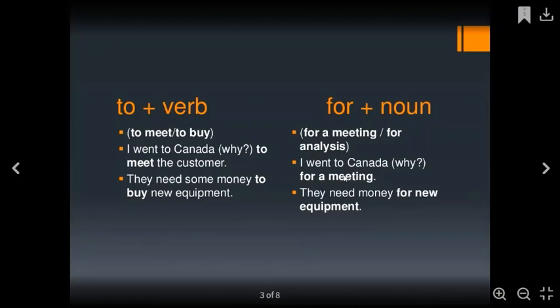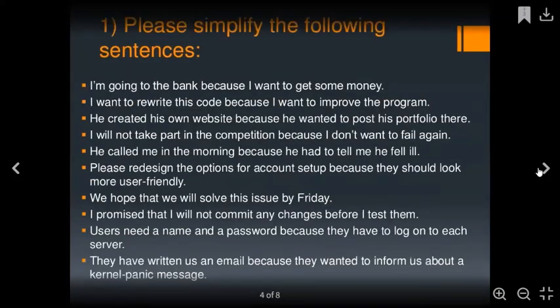No sé, visité a mi mamá para una reunión casual. I went to visit my mom for a meeting. ¿Ok? Entonces, these are the two main explanations about how to use the to plus verb and for plus noun. Okay?